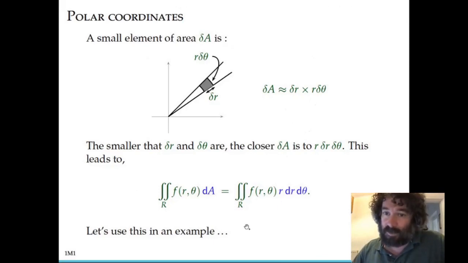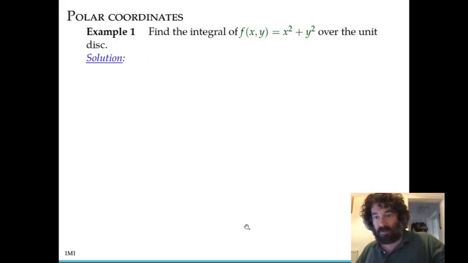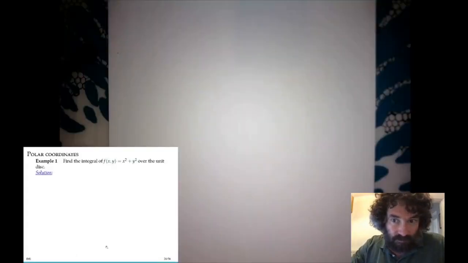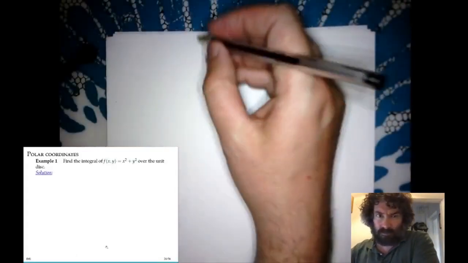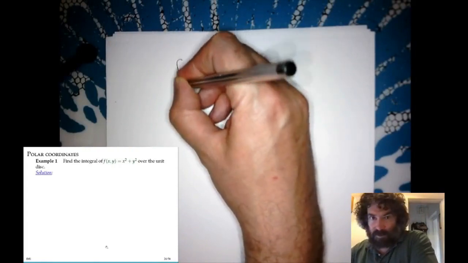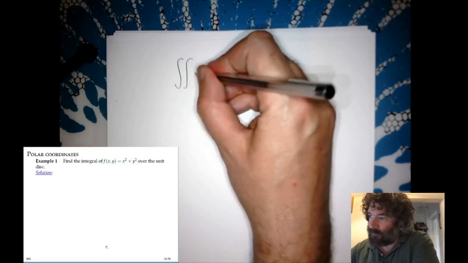All right, let's look at an example of doing a double integral using polar coordinates. We're going to find the integral of this function, x squared plus y squared, over the unit disk. So polar coordinates are natural to use to describe a disk, which is the region inside the unit circle. So we want to do a double integral of this function, which is given x squared plus y squared.